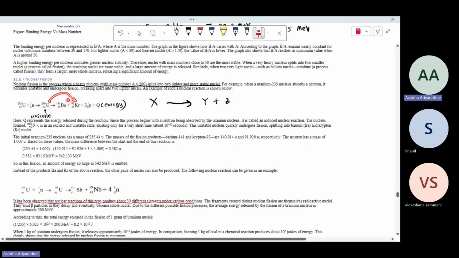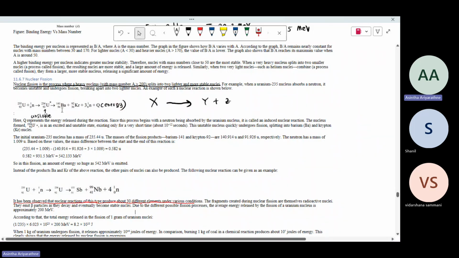Then it is broken into two other atoms, and in addition to that, another three neutrons are formed.